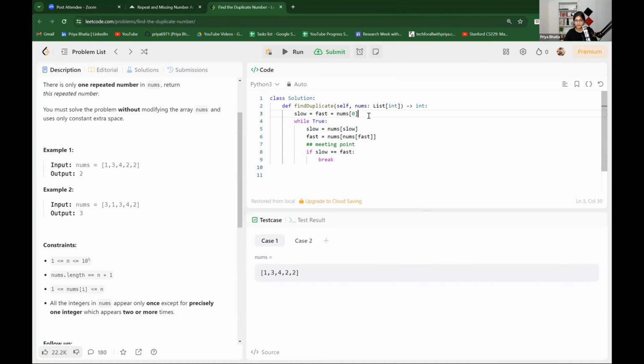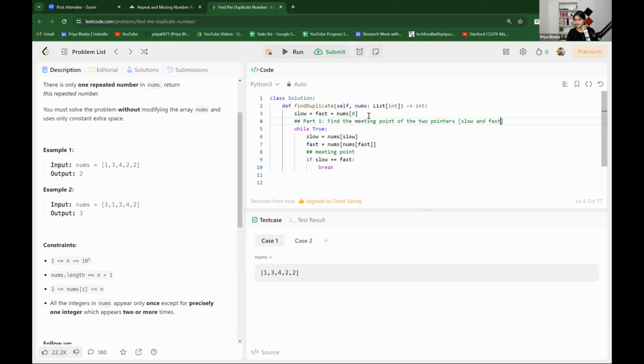This is part 1 of our implementation, where so far we have found the meeting point where the 2 pointers, slow and fast, are meeting.